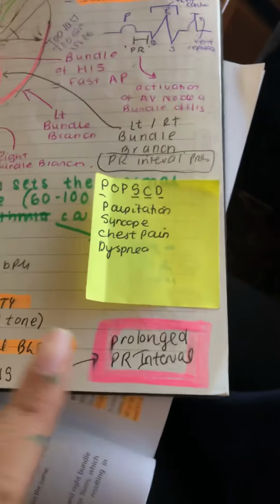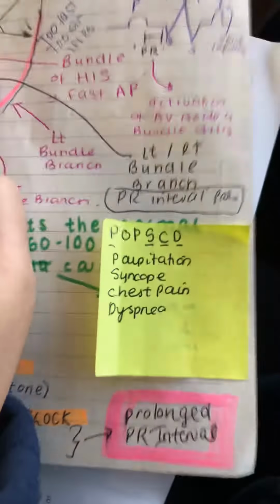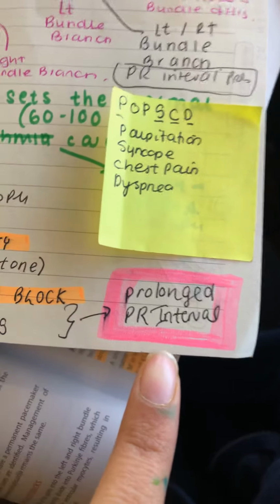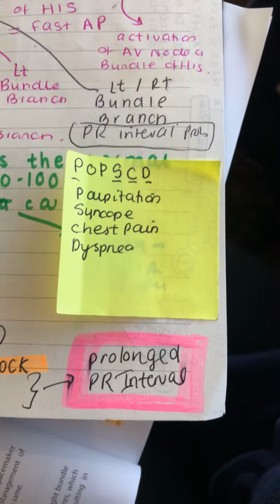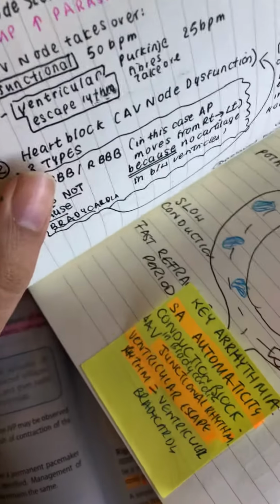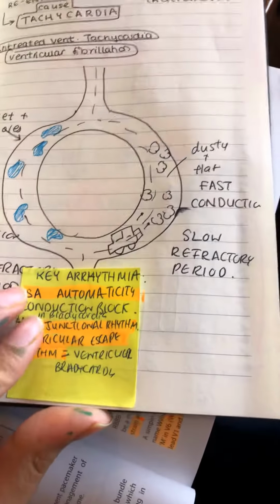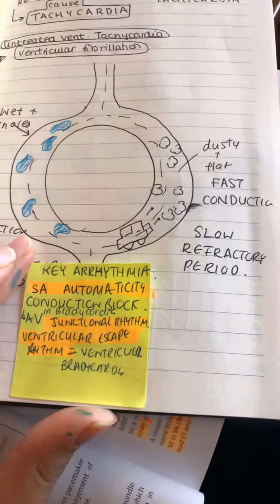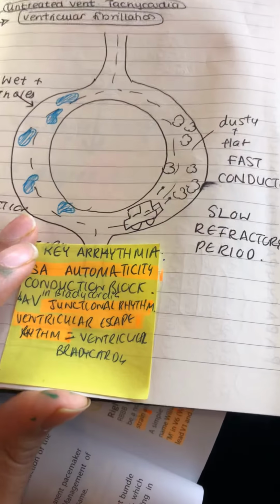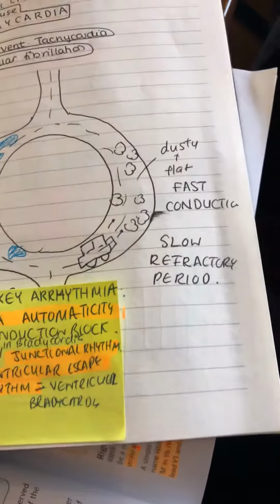So if you have a conduction block in the AV node or the bundle of His, you will have a prolonged PR interval. We talked about the different types; the keywords here are sinoatrial automaticity, AV junctional rhythm, and ventricular escape rhythm.